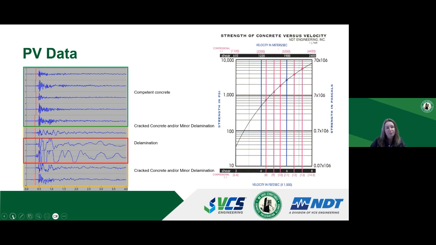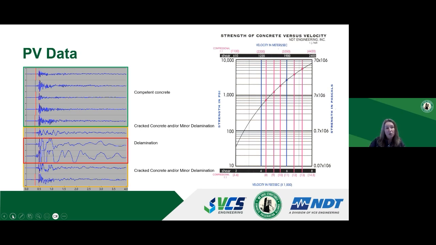Next slide, please. So here, the left side of the slide shows typical pulse velocity data that is collected on sound concrete. These are the waveforms that you're seeing on the top of the figure. From cracked concrete, that's waveforms highlighted in yellow, and then in delaminated areas, which are highlighted in red.